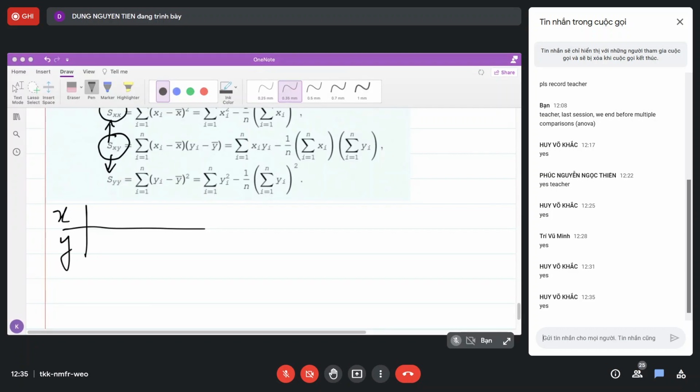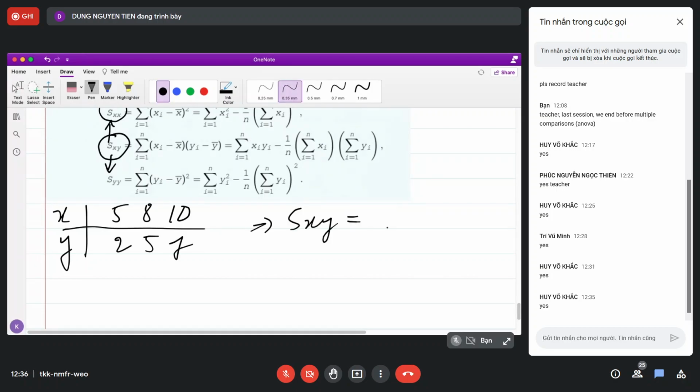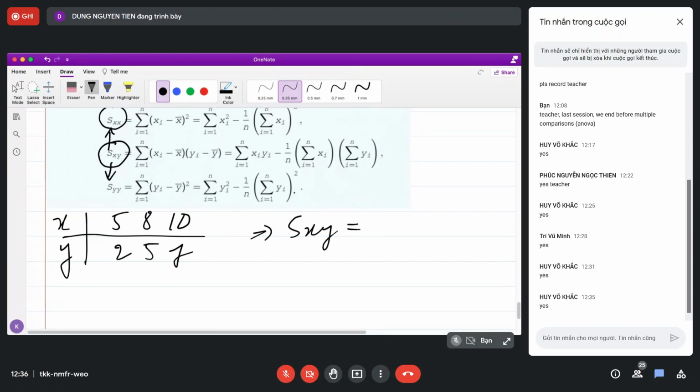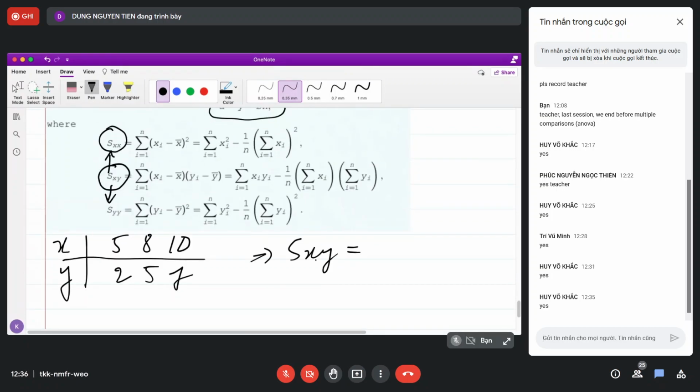In our problem, you get the table: 5, 8, 10, and 2, 5, 7. Then you can find Sxy. You can use the formula here to get the sum of the deviations, and that is 12.6667. You can use the calculators to double check, and Sxx is the same value, right?